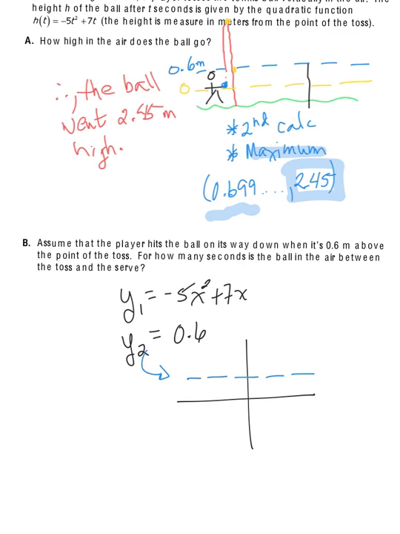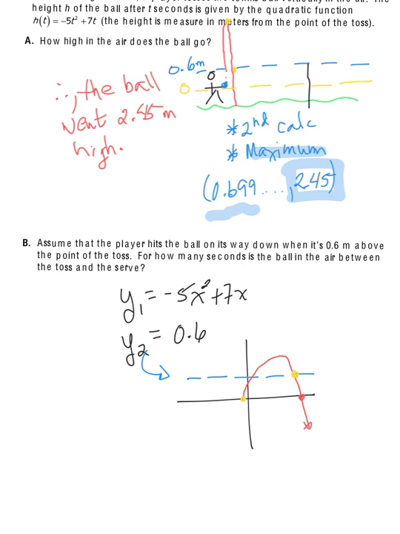And the parabola that we graphed earlier is going to look like this, right here. So this is the actual 0 if you calculated 0 on the calculator, but we want this right here because this was the toss, and then the ball went straight up and came down, and this is where he hit the serve. So we've got to find where this line intersects with this line.